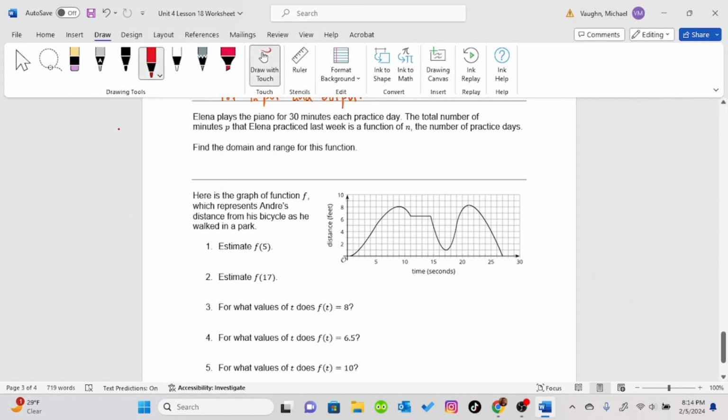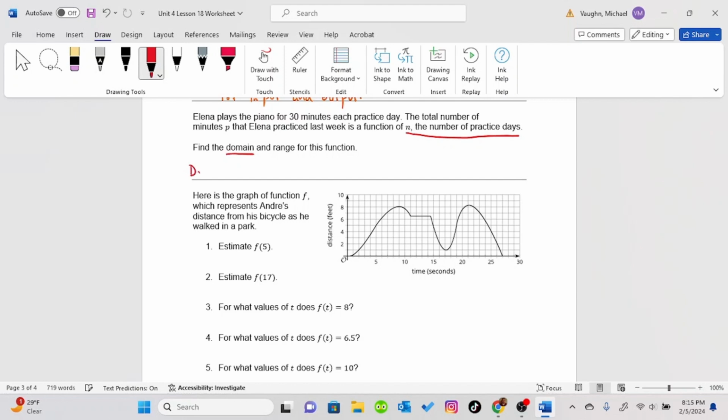Elena plays the piano for 30 minutes each practice day. The total number of minutes that Elena practiced last week is a function of n, the number of practice days. Find the domain and range for this function. So, the domain is my input, and my input is n, the number of practice days.